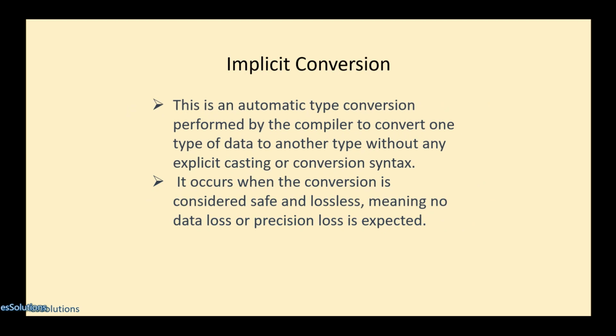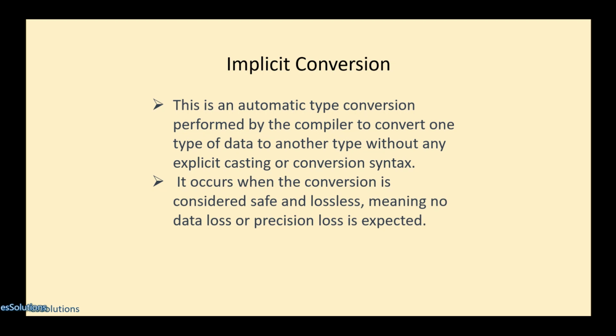Implicit conversion, this is an automatic type conversion. It is performed by the compiler to convert one type of data to another type without any explicit casting or conversion syntax. So in implicit conversion, it is done by the compiler alone.